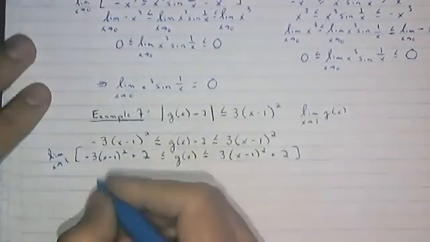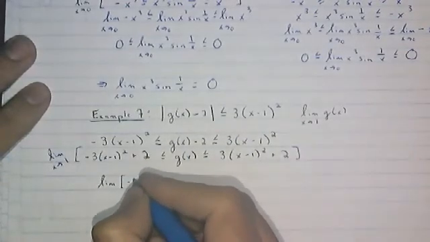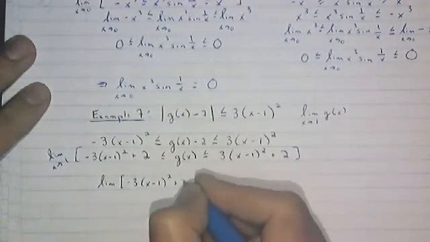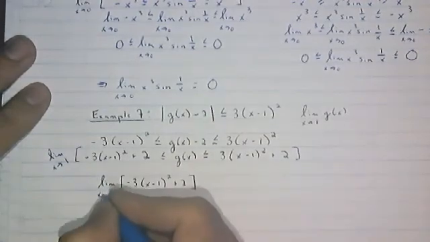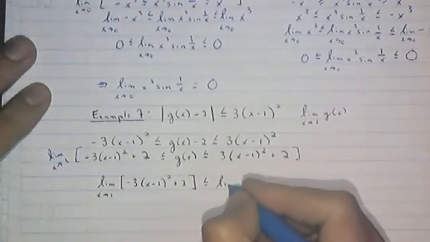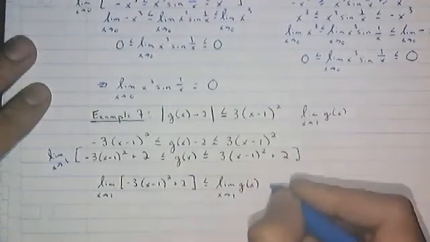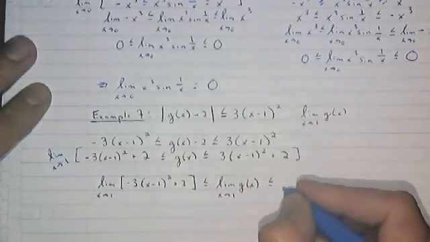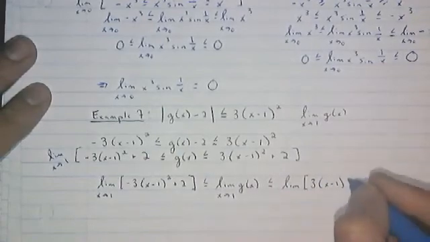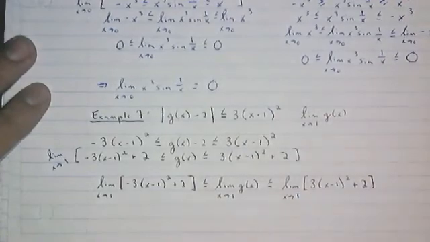This would turn into the limit of the opposite of 3 times (x minus 1) squared plus 2 as x approaches 1 is less than the limit of g of x as x approaches 1, which in turn is less than or equal to the limit of 3 times (x minus 1) squared plus 2 as x approaches 1.